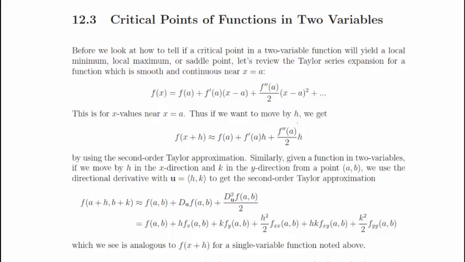Thus, if we want to move by h, we get f of x plus h is approximately f of a plus f prime of a times h plus f double prime of a over 2 times h squared. And this is using the second order Taylor approximation. And so for our second derivative test, we really want to be thinking about second order Taylor approximations. And we're going to be using the same kind of thing except in a higher dimension below.